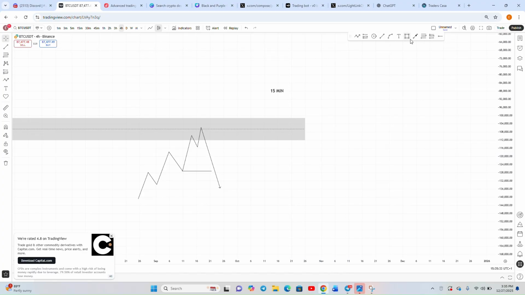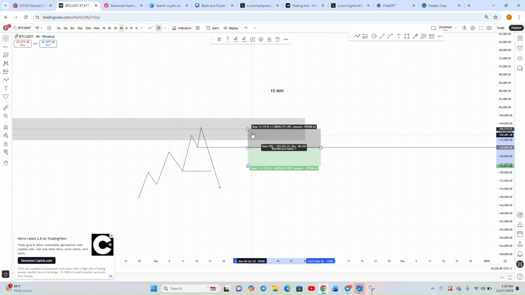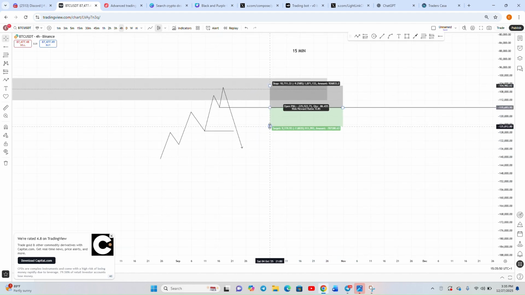So now the entry is very simple, just this breaker block. And this is the entry for the 15 minutes.